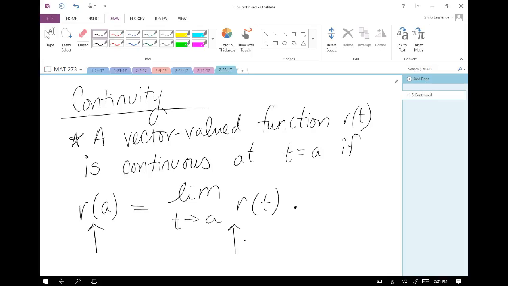So anytime your function value and your limits exist and are in agreement, your function is continuous.